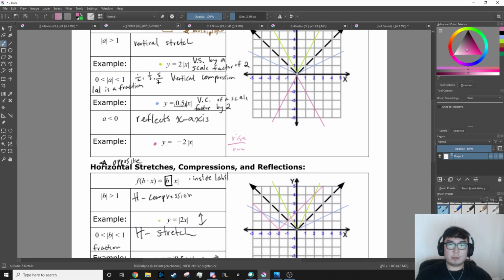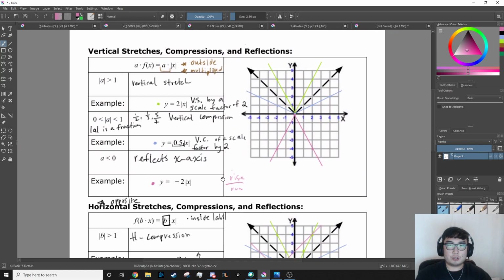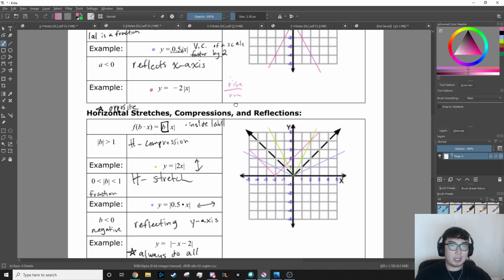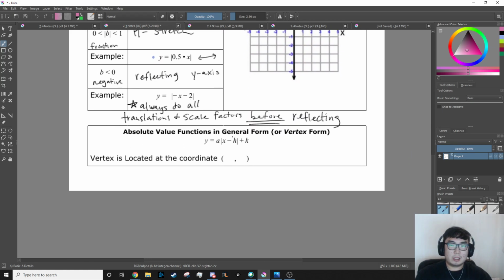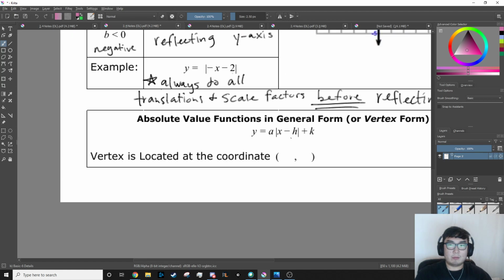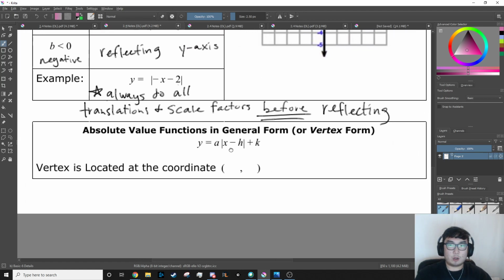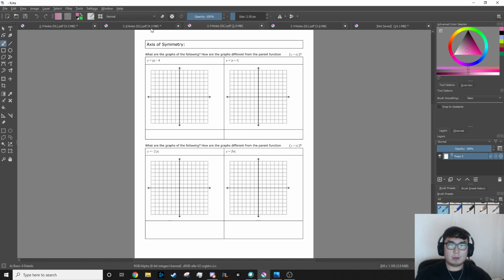So in conclusion, we learned on this page the vertical stretches, compressions, and reflections, and the horizontal stretches, compressions, and reflections. So in summary, what really happens is that we get this formula.